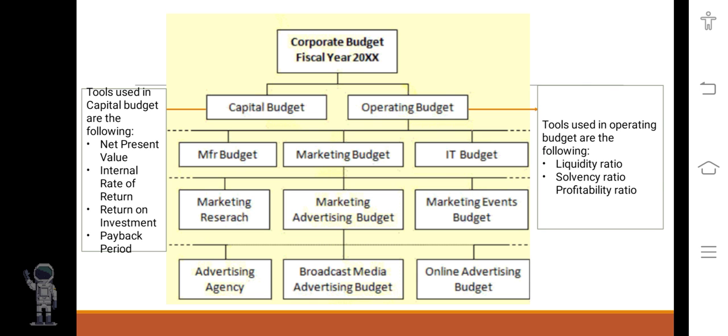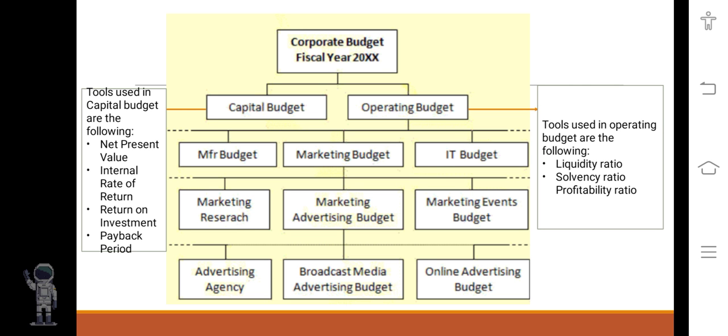So may mga tools nga ginagamit sa capital budget. Amo ang NPV or the net present value, the internal rate of return or the IRR, the return on investment or ROI, and the payback period.